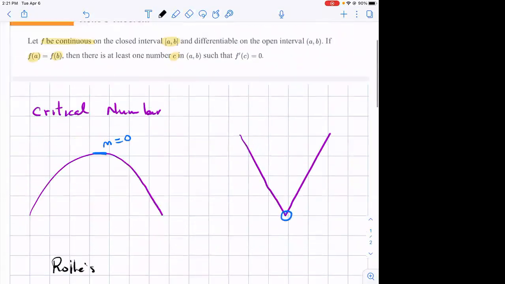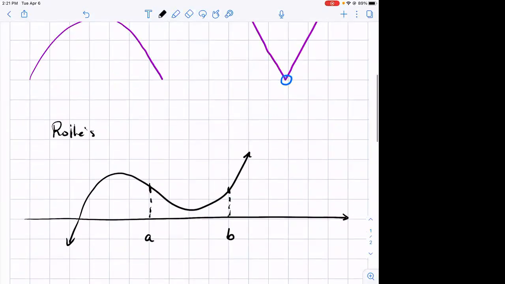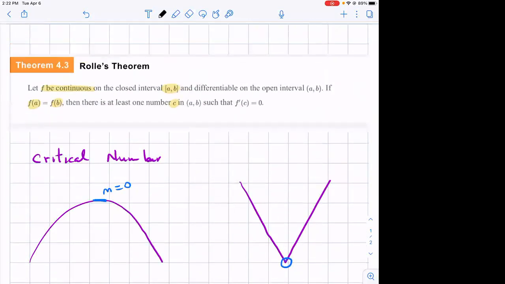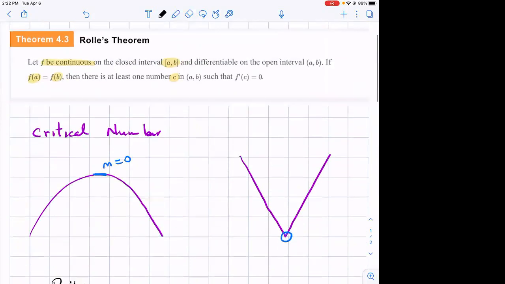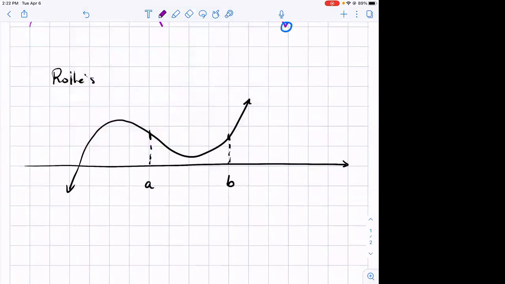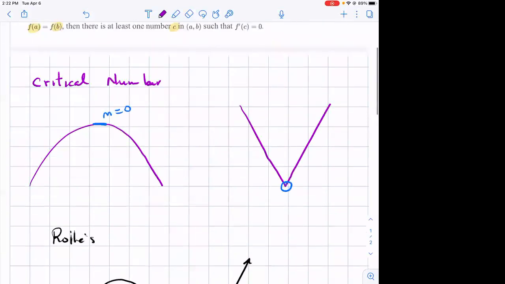And if we go back up, f is continuous. Obviously, the function is continuous, right? If you trace it, there's no break in the function. And it's differentiable on an open interval, on this open interval, a comma b. The function is differentiable. And the reason they said open is because it may not be differentiable at the endpoint. So that's why we say on an open interval.